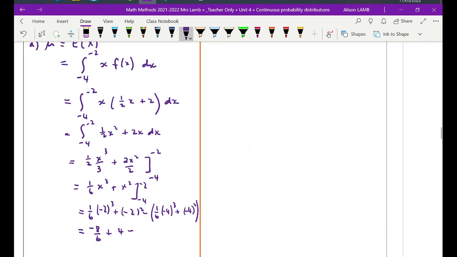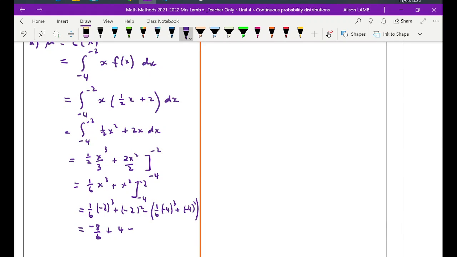And we're taking away, in our brackets we have 1/6 times 4 cubed, that's 64, plus -4 squared, so we're adding 16.